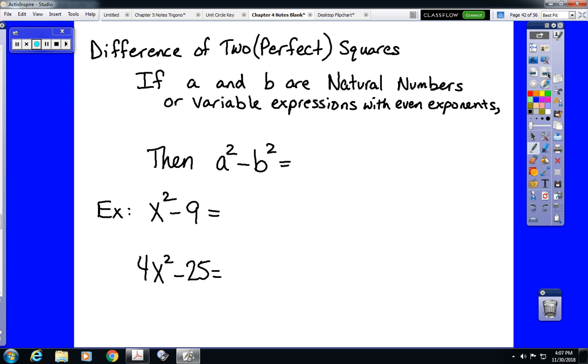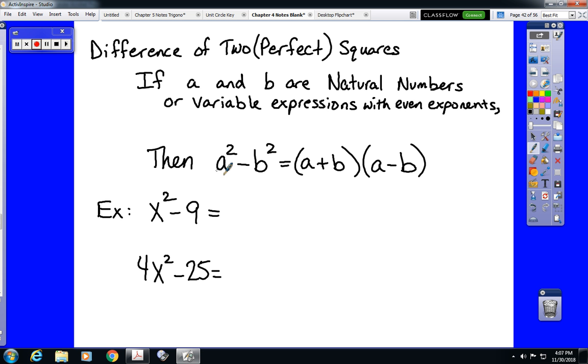And that's because of this kind of factoring. If A and B are natural numbers, being your numbers that you count with, 1, 2, 3, 4, 5, 6, 7, 8, 9, or if they are variable expressions with even exponents, so the exponents are 2, 4, 6, 8, 10, 12, 14, etc., then what we can say is a squared minus b squared factors into a plus b times a minus b.